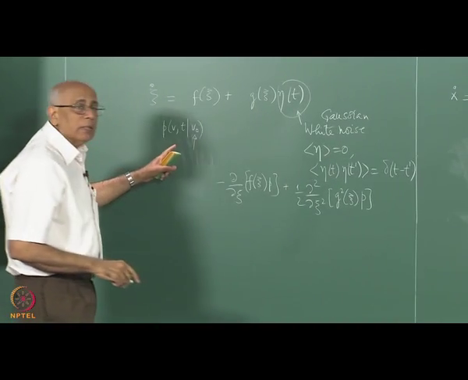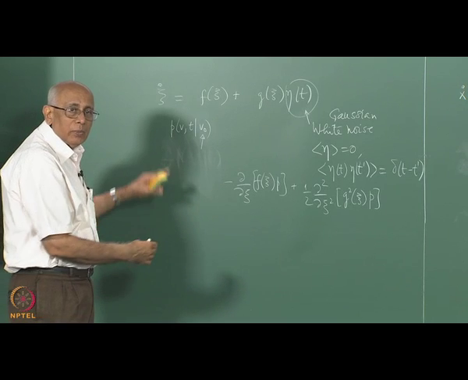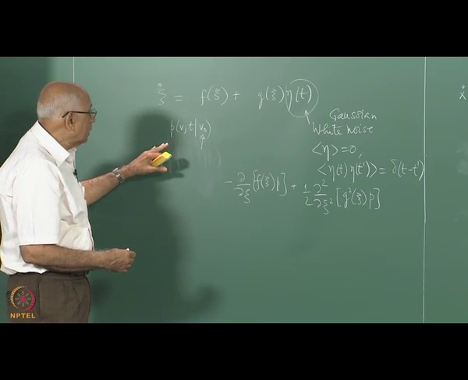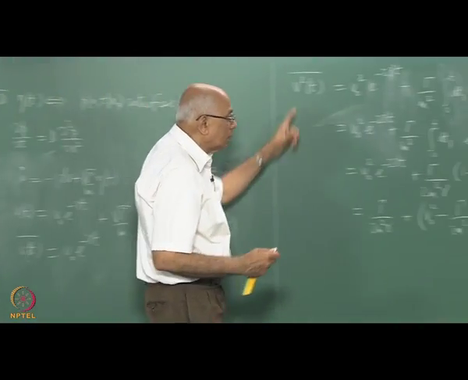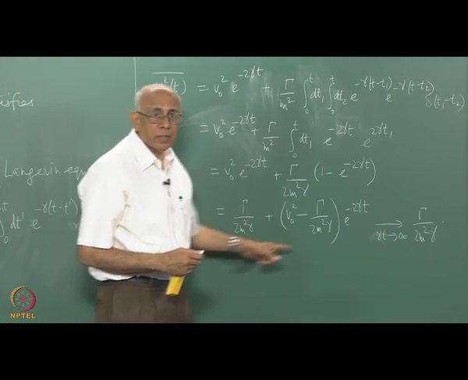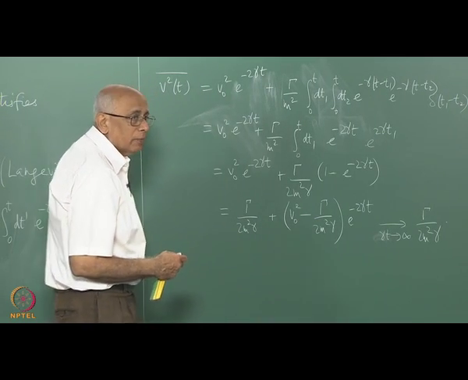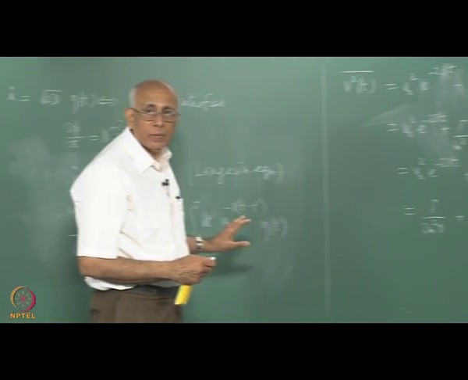We have not yet found this, we have not yet even written down the Fokker-Planck equation for this process, but already it is telling us that the mean square value has this structure, better have this structure here from the Langevin equation itself. Okay.